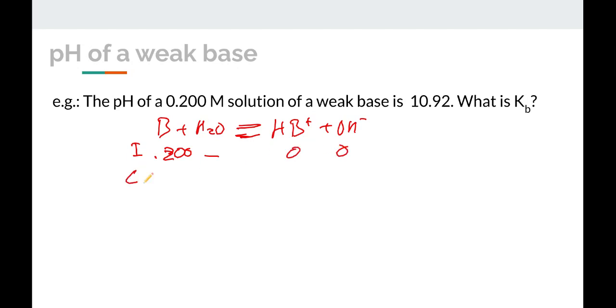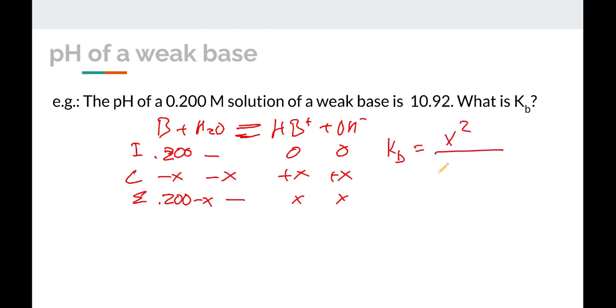These are going to be zeros, minus X and plus X's, 1-to-1 stoichiometry. At equilibrium, this is 0.200 minus X. This is going to be X, and this is going to be X. So Kb, which is what we're trying to find, is going to be X squared over 0.200 minus X.